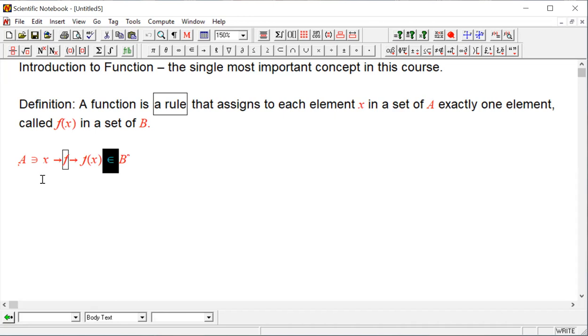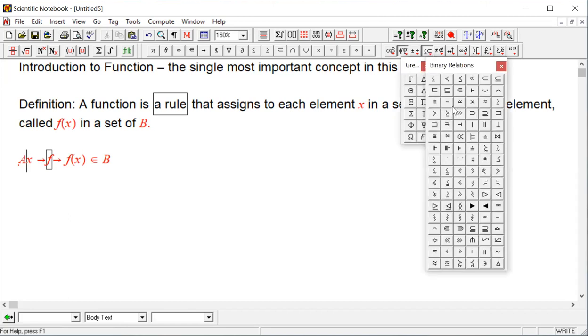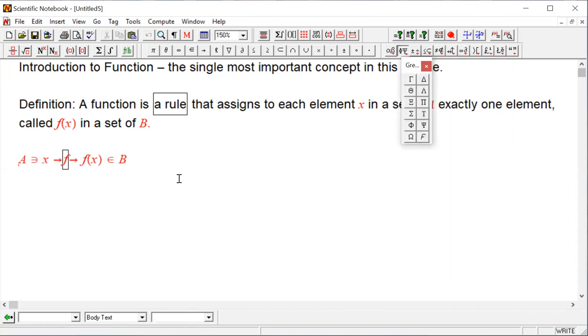This little symbol, whether it turns to the left or to the right, means that it is from A or from B. So this symbol means belongs to.